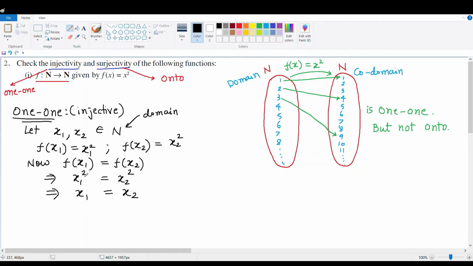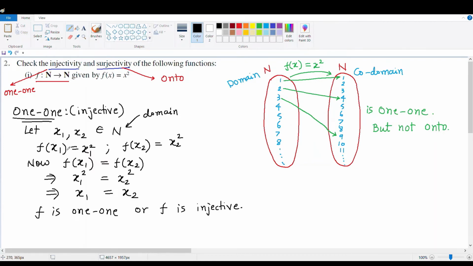So x1 square equals x2 square is only going to happen when your x1 is equal to x2. And when x1 is equal to x2, of course they both will have the same output. So of course this function f is 1-1, or you can say f is injective.